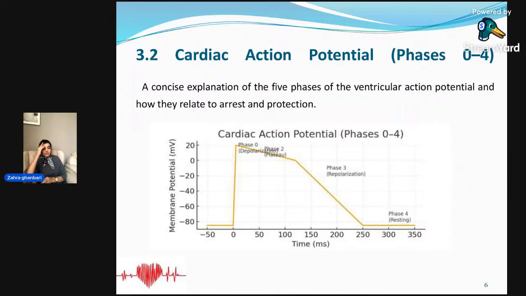But if you use a low dosage of potassium, it leads to incomplete arrest and the heart may keep beating. And if you use a high dose of potassium in your cardioplegia solution, it leads to risk of delayed recovery or arrhythmias. So the normal range is very important.